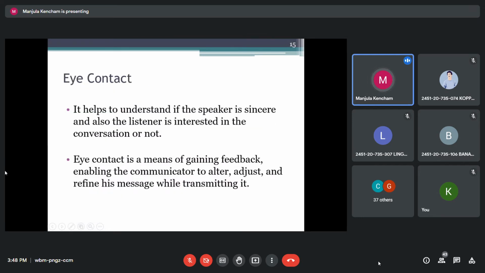Eye contact is essential to let others feel that you are there with them. People who speak without eye contact are considered not to be trusted. If they are trying to evade eye contact with their audience, then you can understand that they are avoiding you. It's a means of gaining feedback. It helps you to establish a rapport with them. It helps you to understand whether or not they are following you.